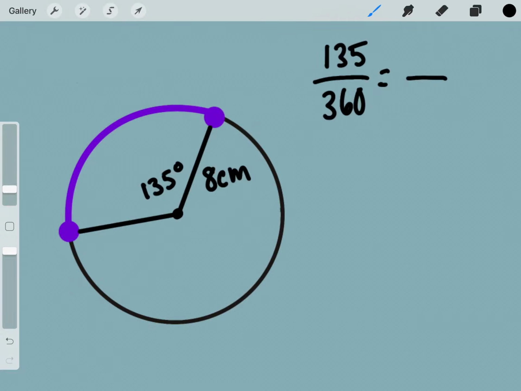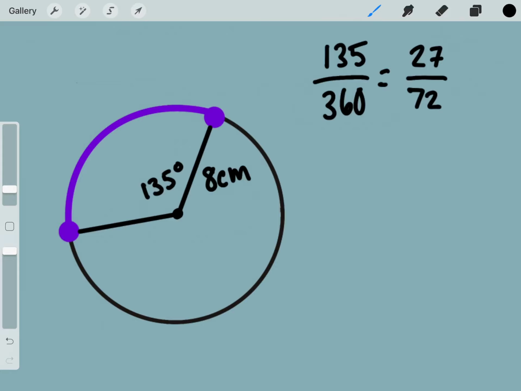What I see right away is that 135 ends in a 5, 360 ends in a 0, so I know they're both divisible by 5. So I'm going to take 135 divided by 5, and I get 27. And then I'm going to take 360 divided by 5, and I'm going to get 72.